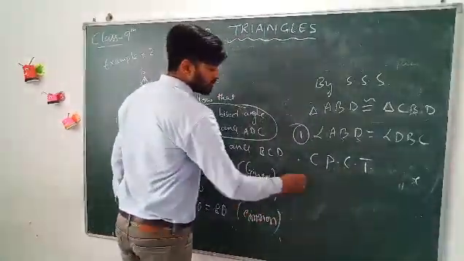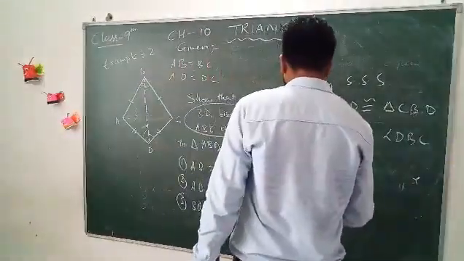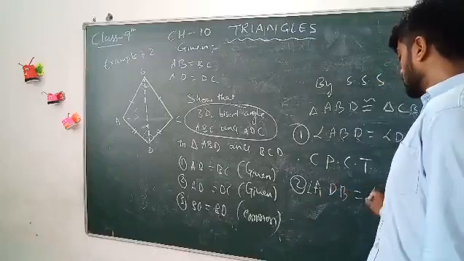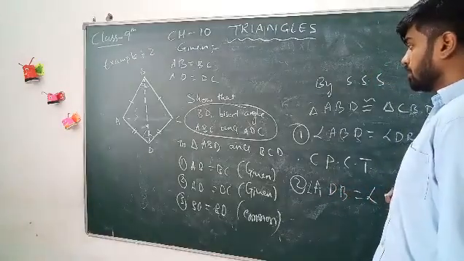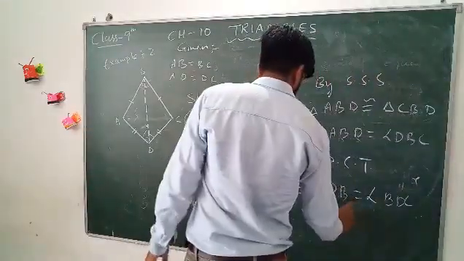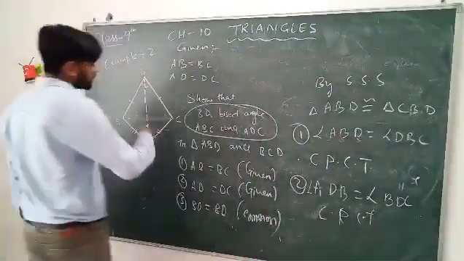So even for the second part, this angle is equal to this. So I can write angle ADB is equal to angle BDC. By which method? CPCT. That's how you will be doing it.